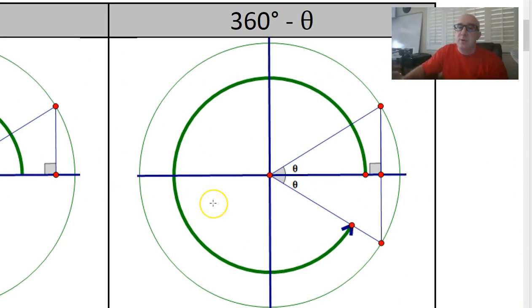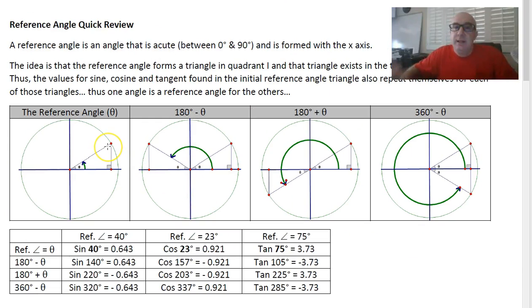Finally, that would also happen in quadrant 4, where it would be 360 minus the 40, so 320, which would provide me the exact same answers as that original one. So that combination is important: the reference, 180 minus the reference, 180 plus the reference, and 360 minus the reference angle. And that will generate them for you.